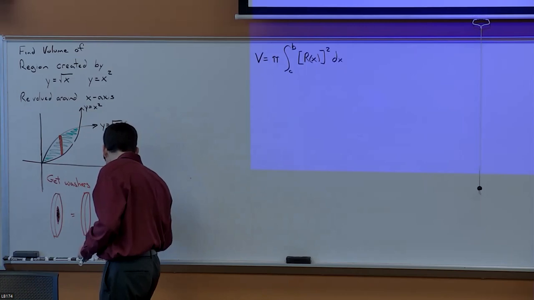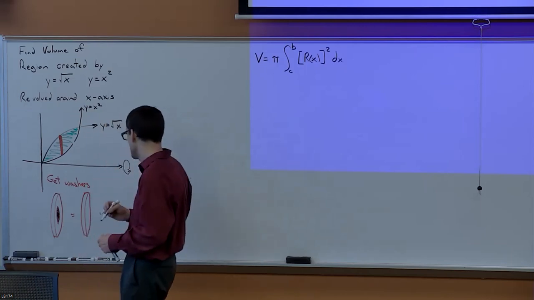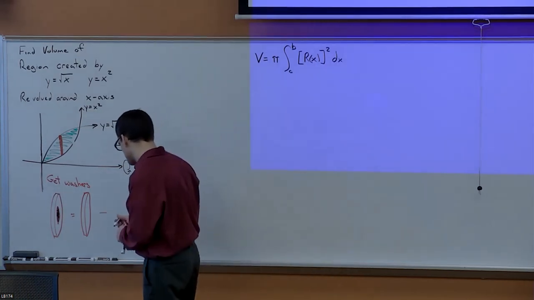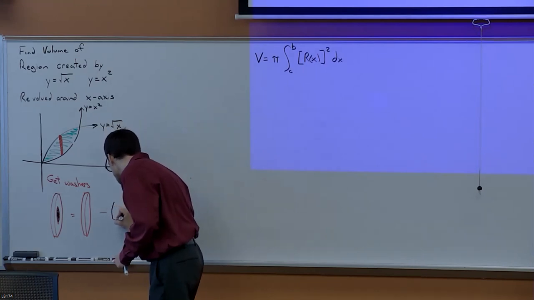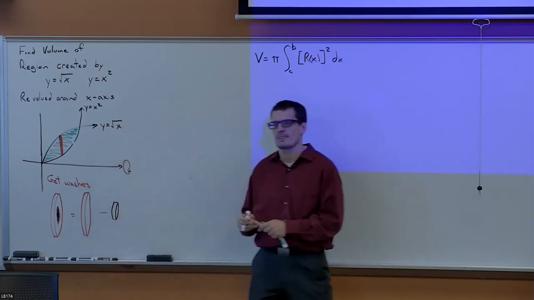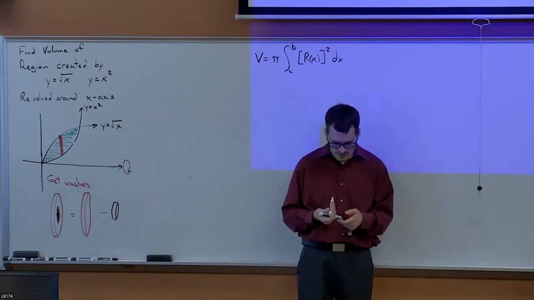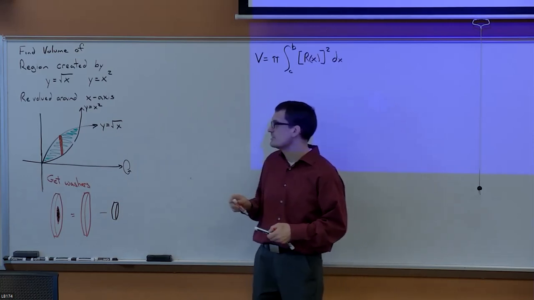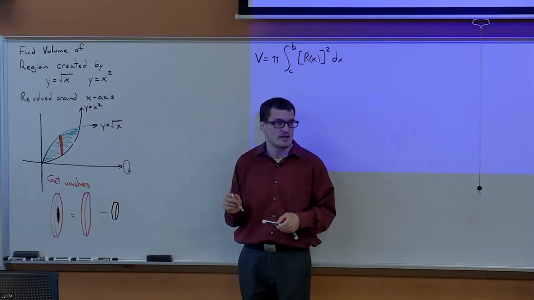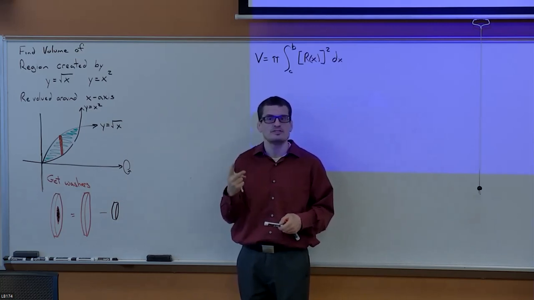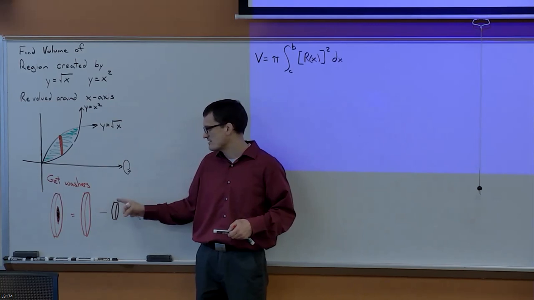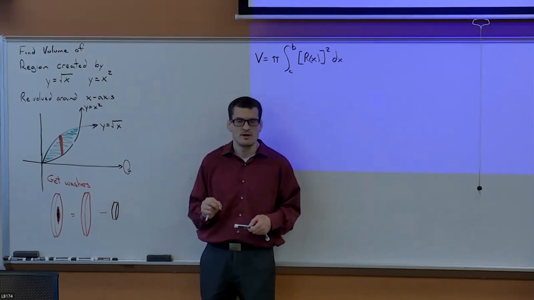So, I didn't draw that very well. I draw it. That makes sense? So what we're gonna do is, when I have space in between, I'm gonna create basically two disk methods. And I'm gonna do disk method number 1 minus disk method number 2. All right?